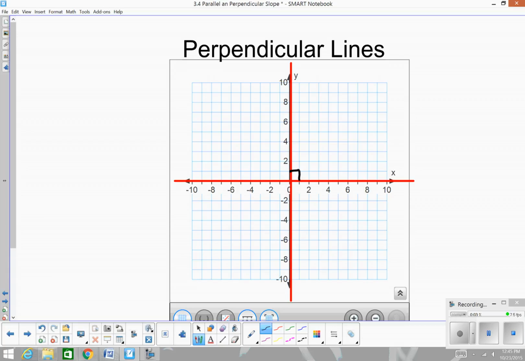It's a right angle. So these lines could be any which way, but when they do intersect, they do form a 90-degree angle. That's just a simple way to see that they look 90 degrees.